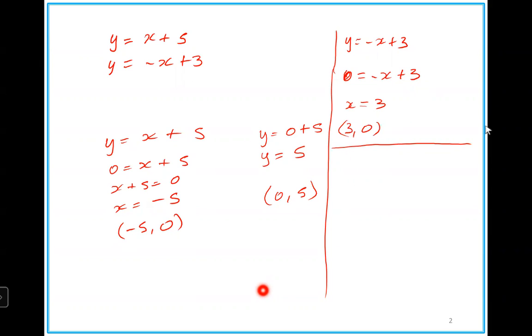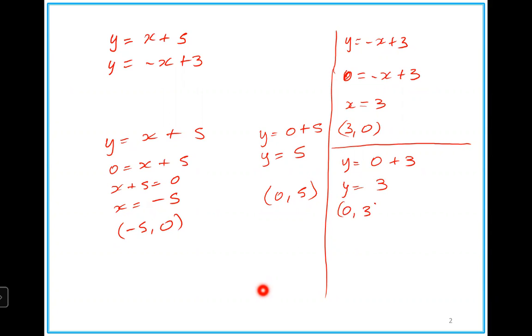So we made y 0. Now let's make x 0. So if you make x 0, then you would say y equals 0 plus 3. So y is equal to 3. So we made x 0. So the second point then would be 0, 3.